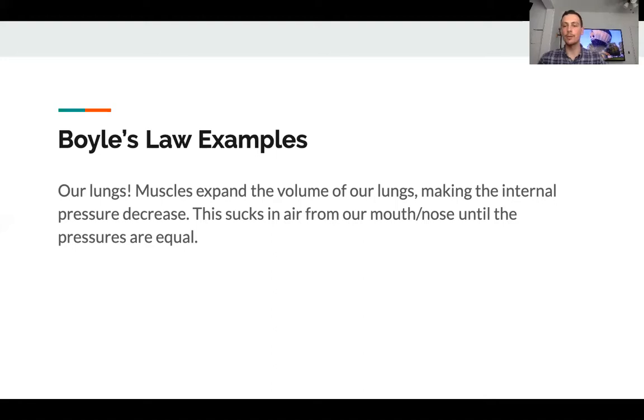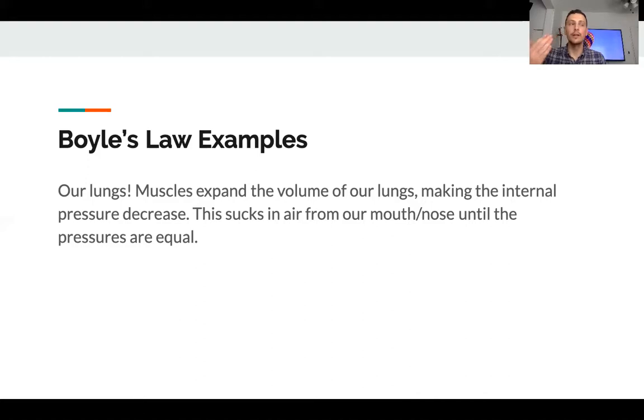How our body works is our diaphragm, that's what we call our rib cage and the muscles around our lungs. We expand them using our muscles, right? And as we expand, it expands our lungs. That means that the volume goes up, right? We're increasing the volume of our lungs. And in doing that, because the volume's going up, the pressure inside of our lungs is going down, right?